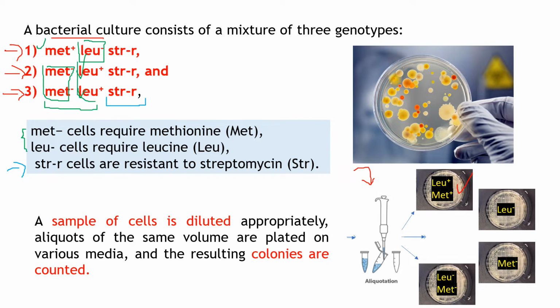You will have one that has everything except leucine, one that has everything except methionine, and this one will miss both leucine and methionine. So this one will grow everything, and this one will grow much less, only the cells that already have leucine and methionine. So this can be our control for everything. Let me show you in the following slide what you have to do.